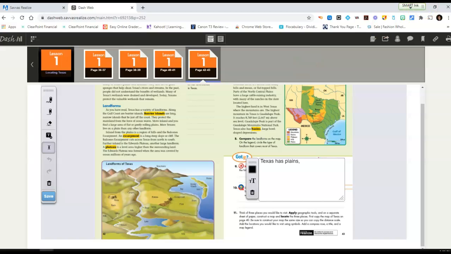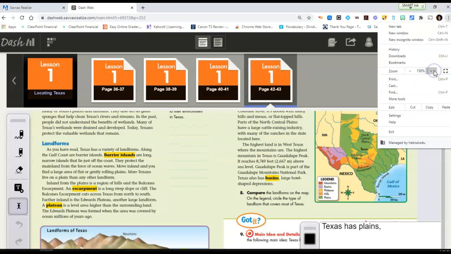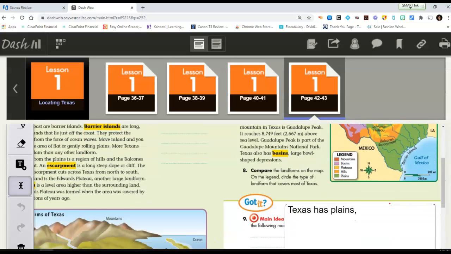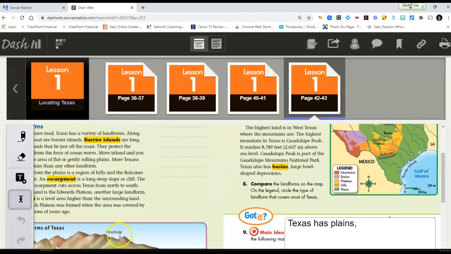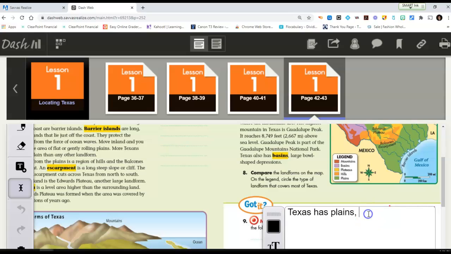There's 3 dotted lines. Oh, that's about all I can see. So it has plains. It has what? What's this one? Escarpments. It has escarpments.